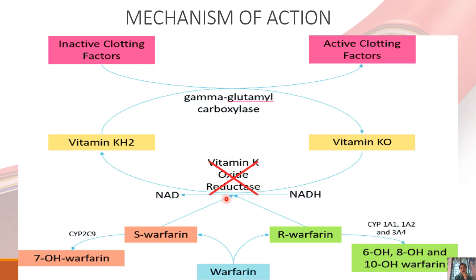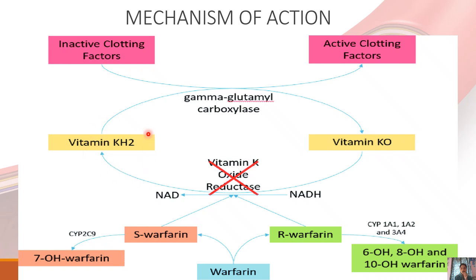So what does warfarin do? Warfarin has two enantiomers, S warfarin and R warfarin. These two inhibit the enzyme vitamin K oxide reductase, which does not allow the conversion, so the reduced form of vitamin K does not get formed.